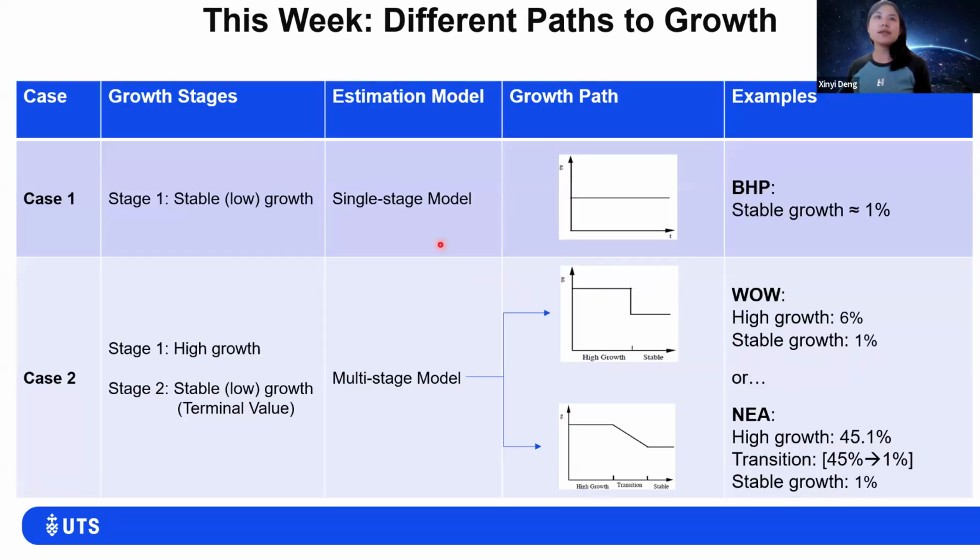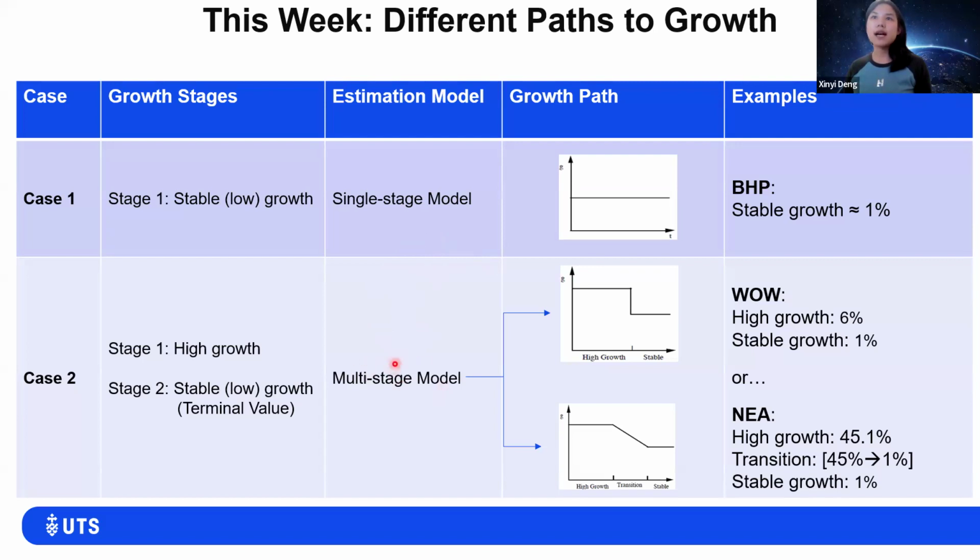Now onto this week's content. If we categorize the valuation models by their growth rate trajectories, the two most common valuation models are the single-stage model and the multiple-stage model. We will be talking about the calculations of those two models in the lecture.